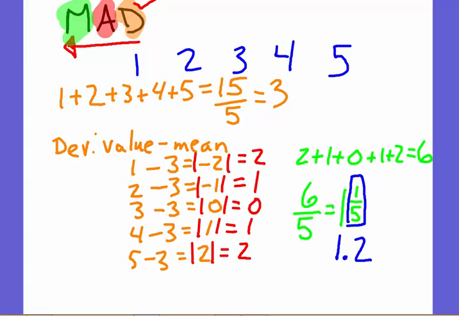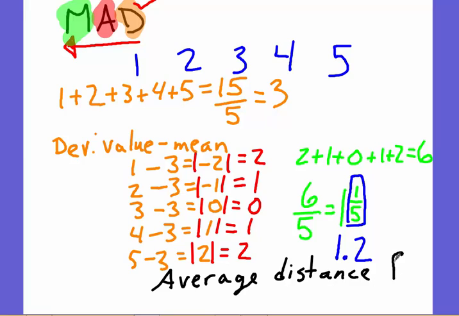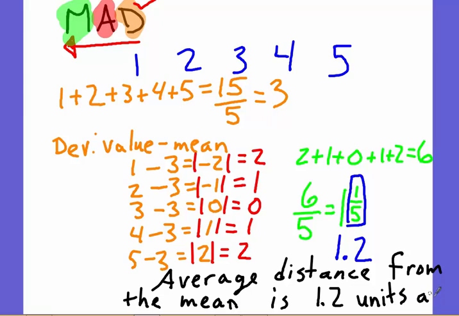Okay, what our MAD means is the average distance. I'll write that down, and I'll write it in black. Our MAD means the average distance from the mean is 1.2 units away.